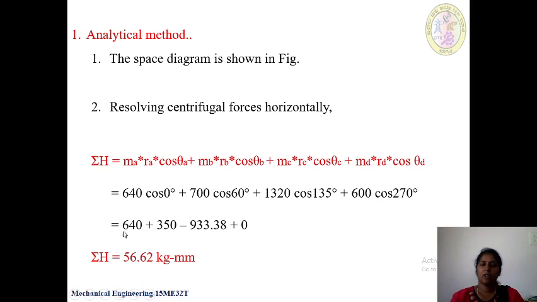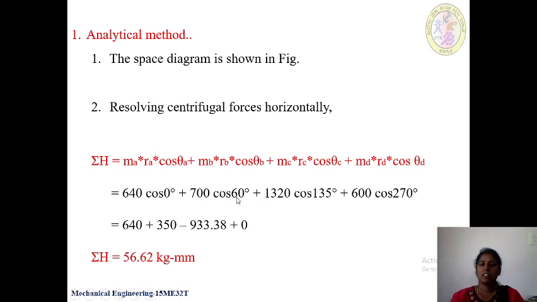In the calculator, first take cos 0, which is 1, multiplied by 640.